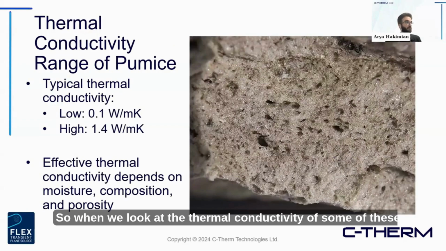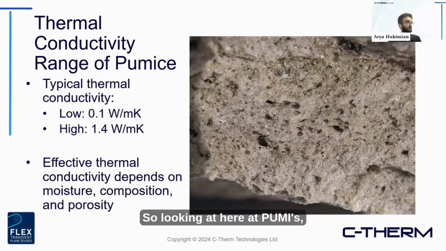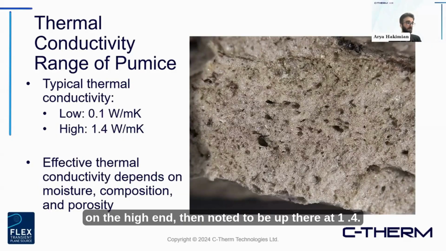So when we look at the thermal conductivity of some of these materials, we can see quite a wide range. So looking here at pumice, thermal conductivity on the low end, 0.1, on the high end been noted to be up around 1.4.